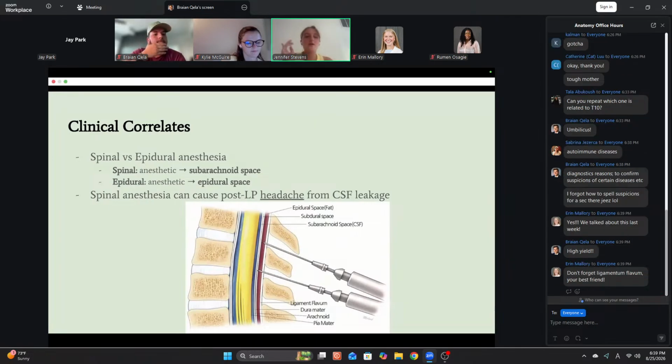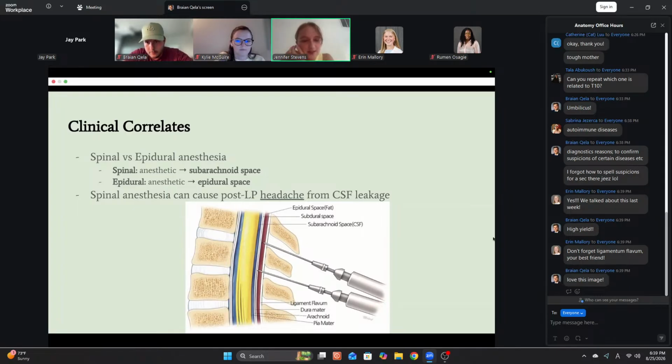Semi talked about epidural anesthesia already, but you also have spinal anesthesia. The only difference is where the needle stops. For spinal anesthetics, you're going to the subarachnoid space, and for epidural, you're just going to the epidural space. You can think spinal, S, subarachnoid, S; epidural, epidural.